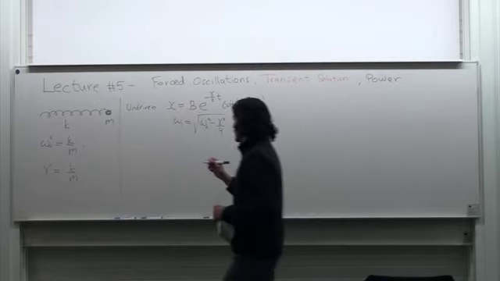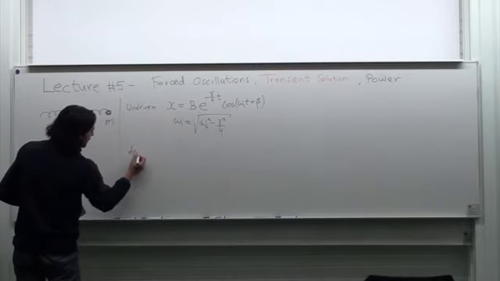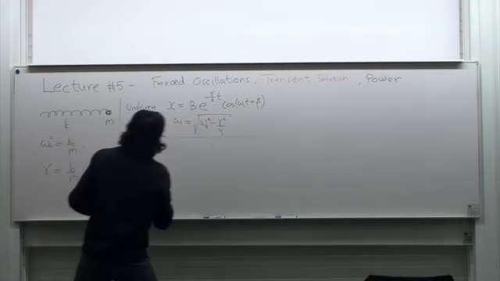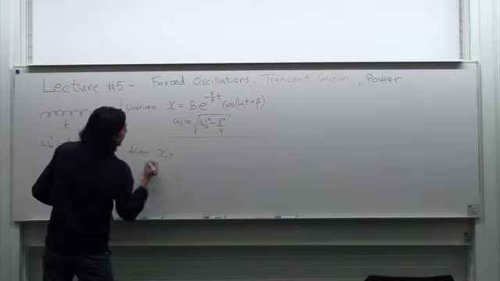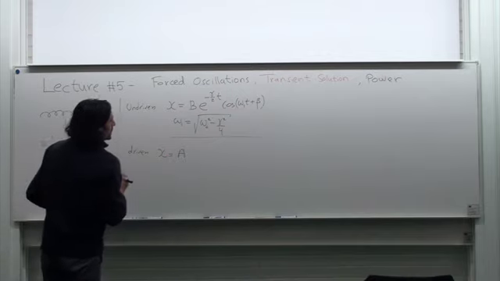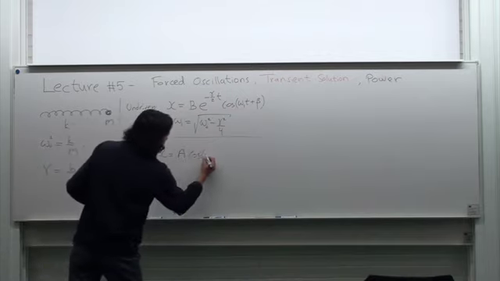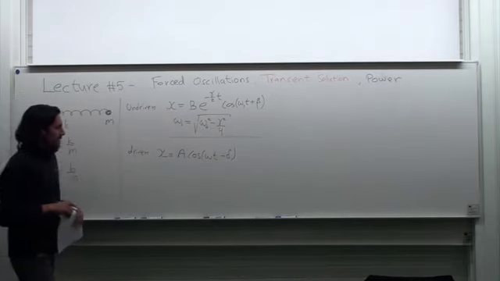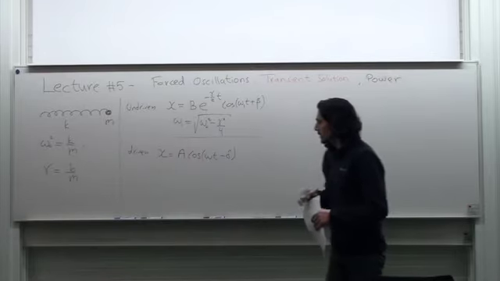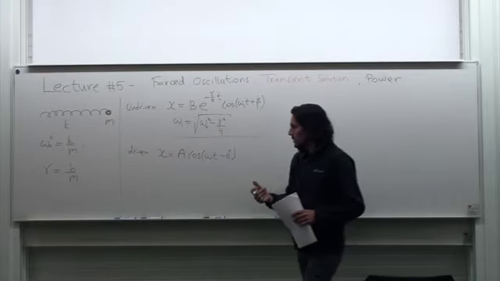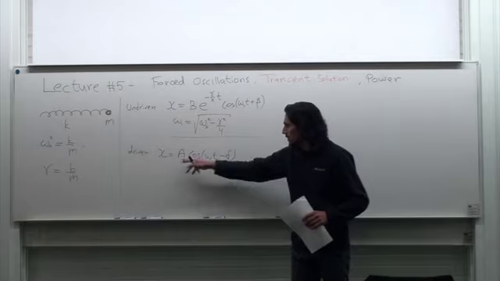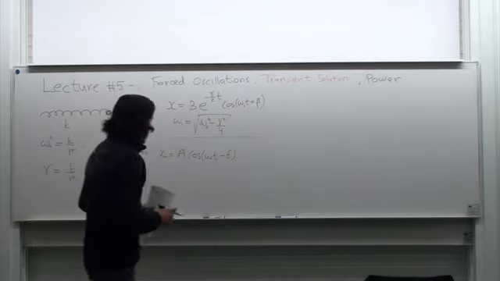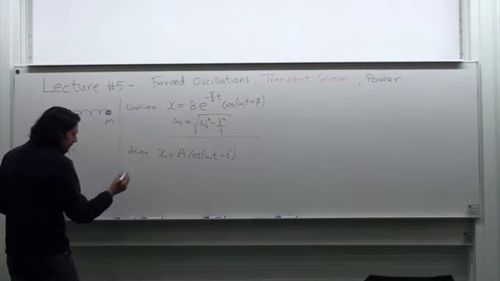The driven solution is given by the following: A cosine omega t minus delta. And as I said, in the case of the forced oscillations, the driven solution, A and delta are defined in the system.